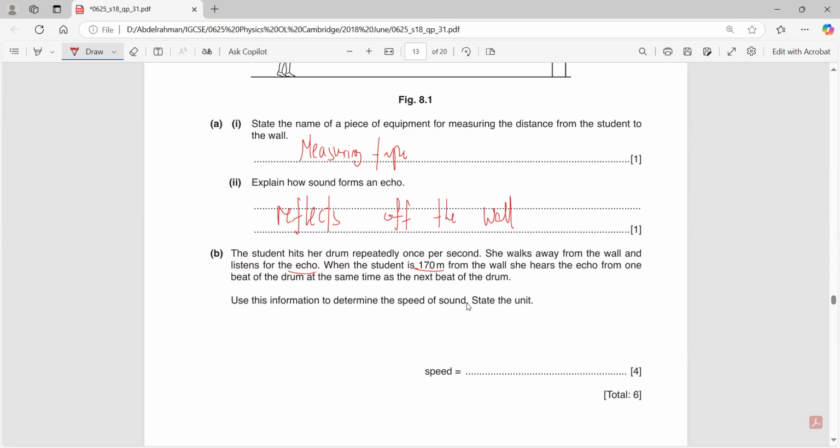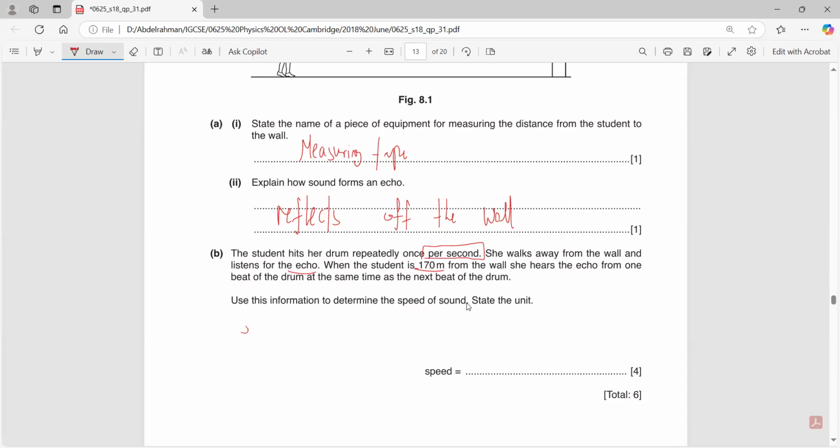State the unit. How can you find the speed of the echo? We said an echo is a reflection, meaning that it will hit the wall and come back. Time is given. Where is it? Once per second. So the time is 1 second.